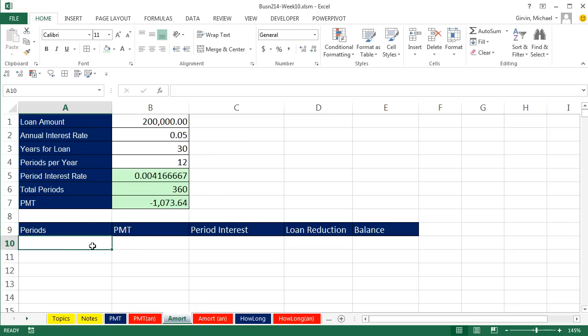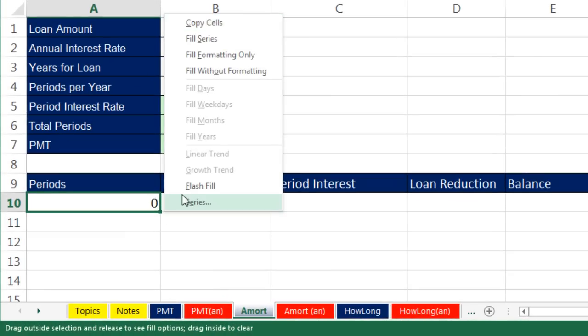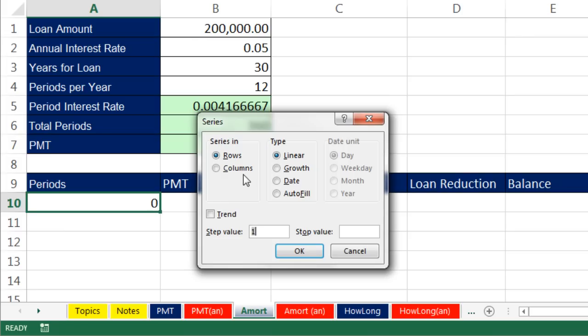Now, watch this. Here's a great trick for putting numbers into this first column. I need 0 all the way to 360. So I type 0, Control Enter. And watch this. When you point your cursor to that fill handle, right click and drag down and then back up. A special menu pops up and you point to series. Immediately it asks you, where do you want to put this series of numbers?